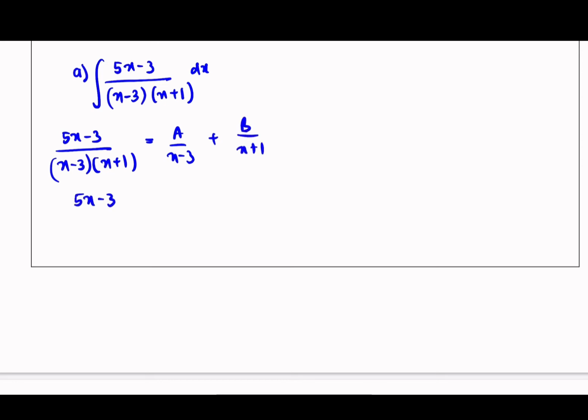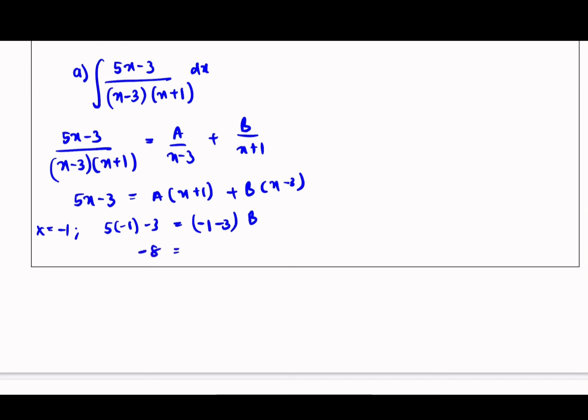Kemudian 5x minus 3 is equals to A times x plus 1 plus B times x minus 3. Then when x is equals to negative 1, so 5 times negative 1 minus 3 is equals to, this one is 0, negative 1 minus 3 times B. So we got here is negative 8 is equals to negative 4B and B is equals to 2.